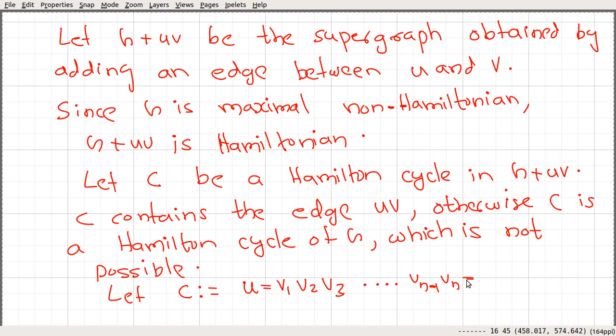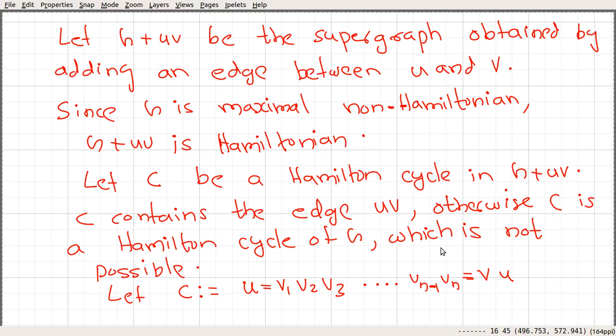So we started with the graph having n vertices, so the Hamilton cycle will have those n vertices. Let that Hamilton cycle be V1, V2 up to Vn, assuming that U equals V1 and Vn is equal to V. Since this is a cycle, the initial vertex and the final vertex is the same.